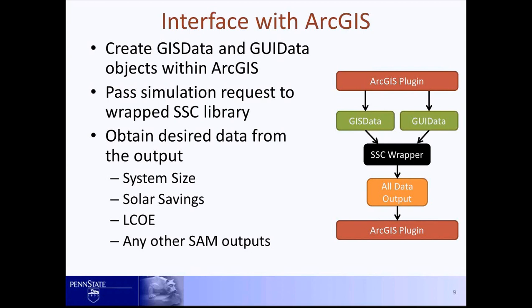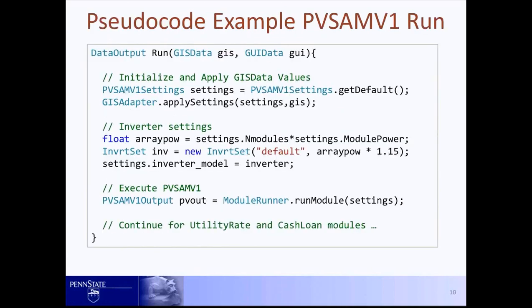Then those two are passed into the SSC wrapper, which operates as I showed before, and includes the adapters for each of these particular object types. We get out the orange object, which is the data from SAM, which can then be sent to the ArcGIS plugin.